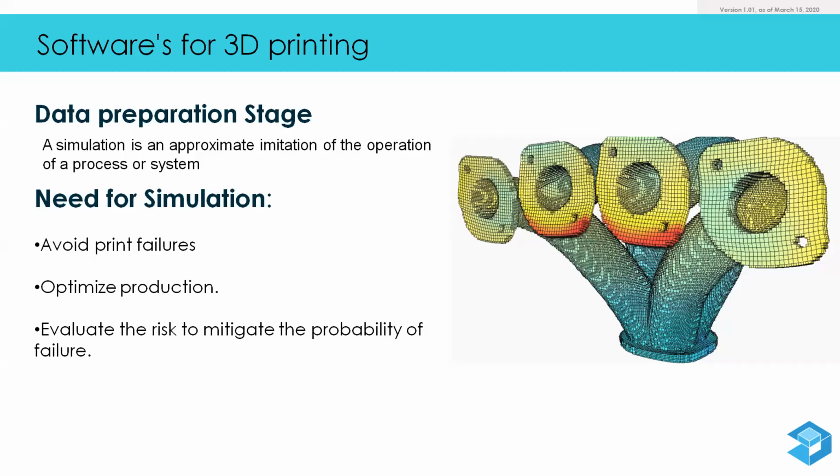Before the printing process itself, you'll find out the probability of failure, whether your part will fail or not. So before going for the final printing, you are advised to run a simulation. You'd prevent risk during the printing process, because if you're starting your own company, you don't want a lot of failures. I mean, you'll definitely have some failures, but you'd want to prevent them. Simulation software helps in that.